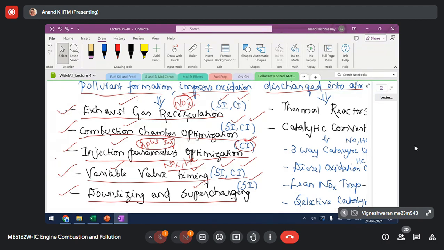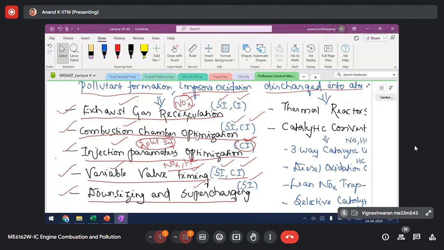One is a mechanical variable valve timing system, wherein we varied the cam profile. The valve actuation is based on the cam profile, so we could have a variable cam profile and thereby vary the timing of the valves. That's a mechanical system, which is more durable.